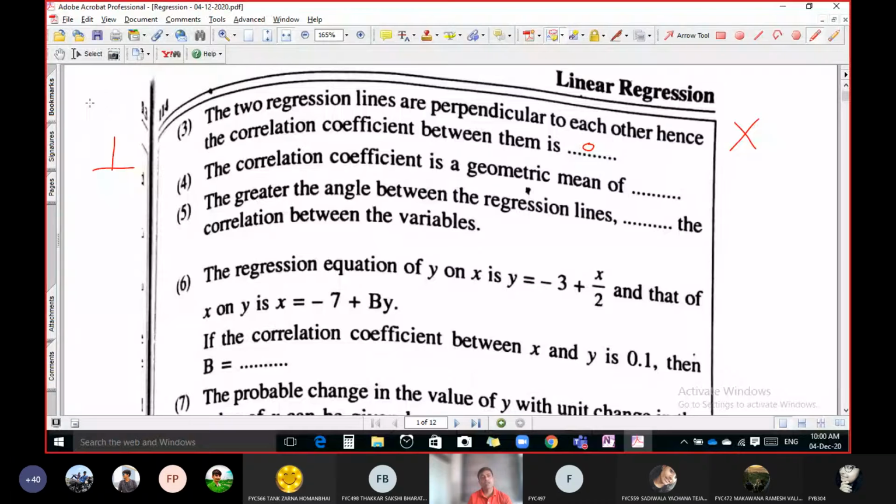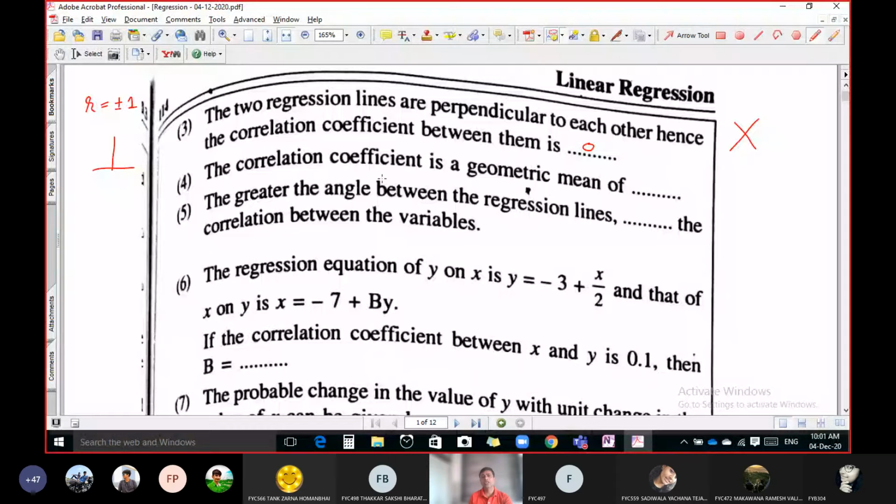And do you know, if R equal to plus or minus 1, there is a perfect correlation, in that case what is the situation regarding the two regression lines? Lines coincide. You are absolutely right. Perfect. That is a property that we already discussed in our last lecture. Next question.